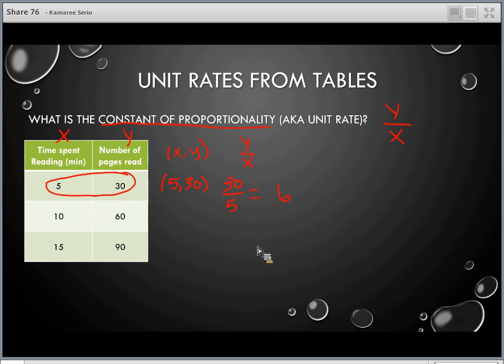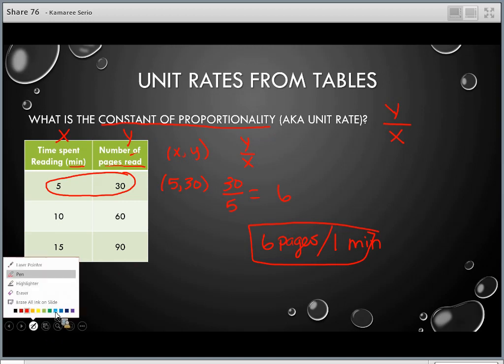So that means I can read 6 pages every 1 minute. Now, where I got pages and minutes from is my table. My Y is my number of pages read, and my X is time spent reading in minutes. So I can read 6 pages per minute. Speedy reader. It doesn't matter which of these pairs you choose in this table, you'll get the same answer regardless.